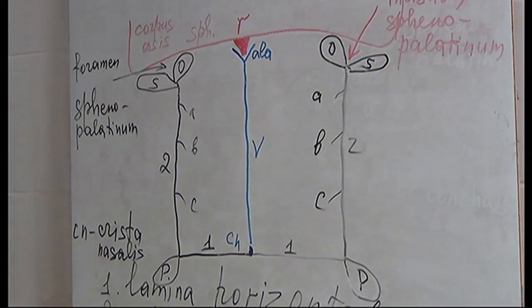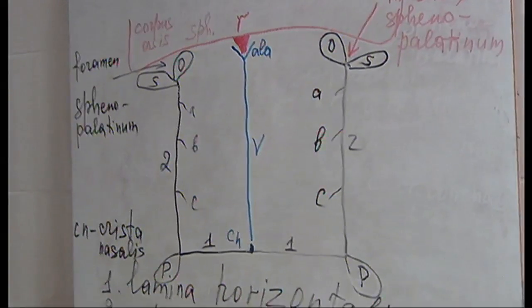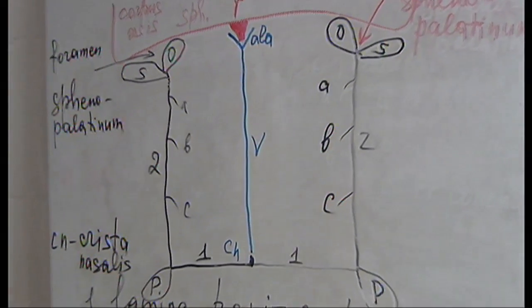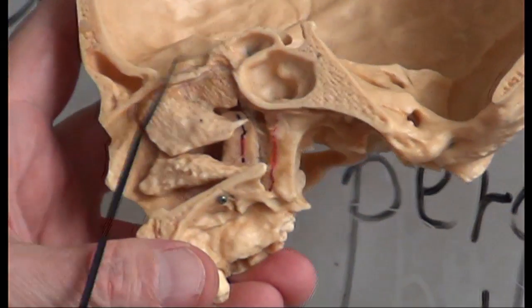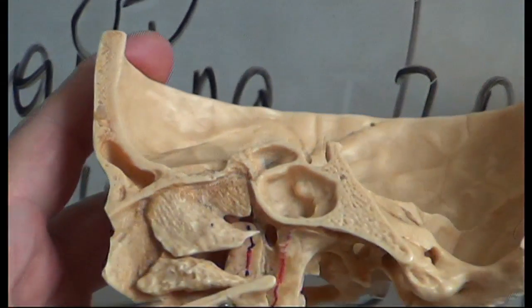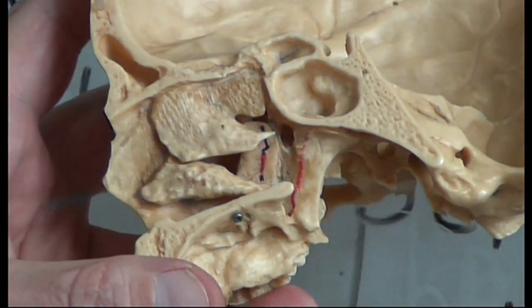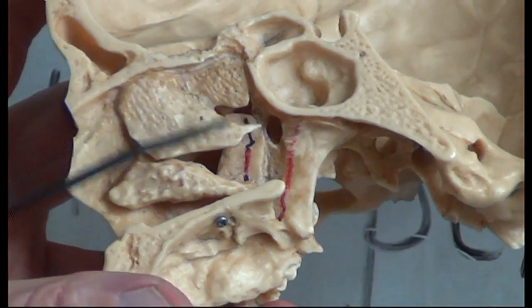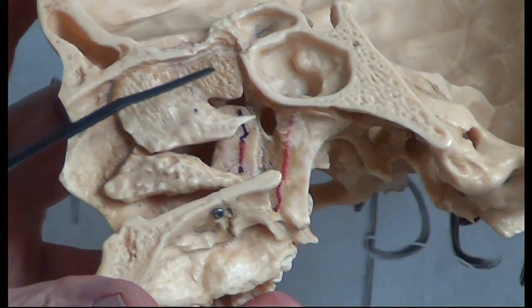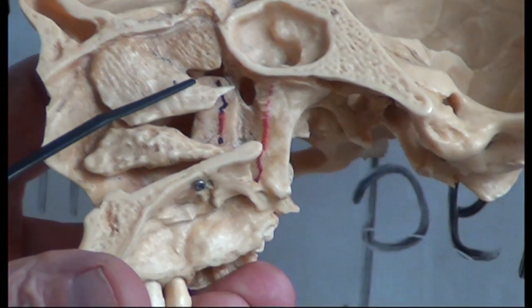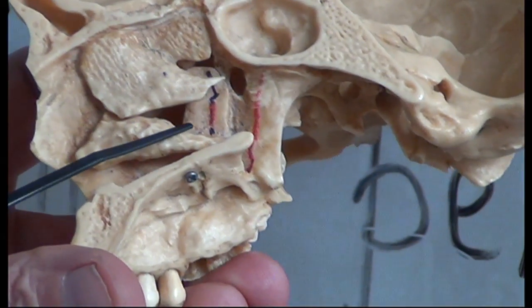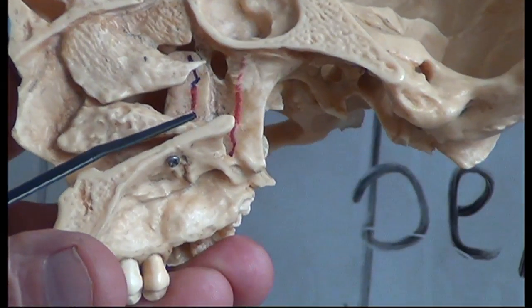What is this? I'd like to demonstrate to you on the middle section of the nasal cavity that there are 3 special conchae. Concha nasalis superior, concha nasalis media, and concha nasalis inferior.